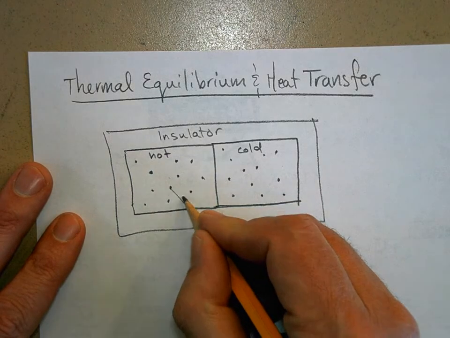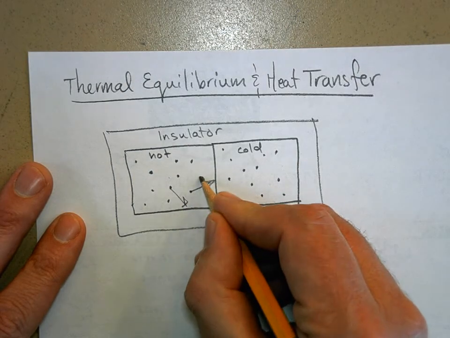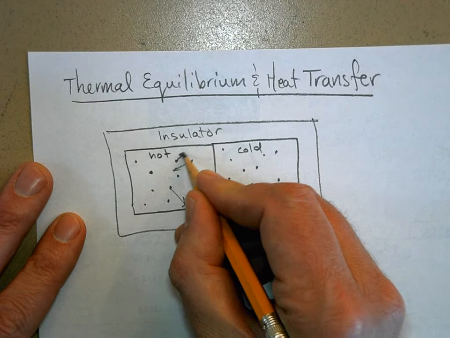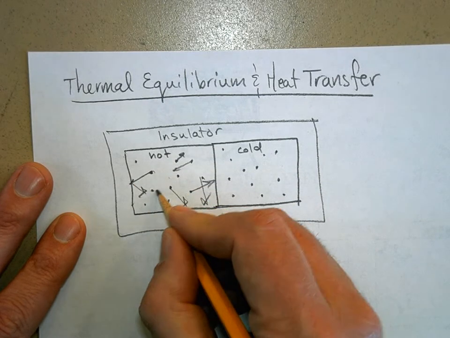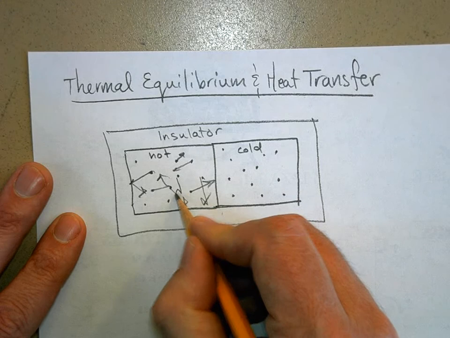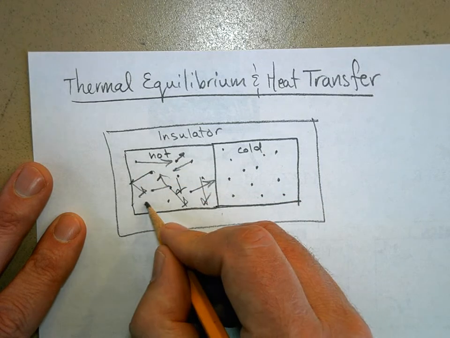So this one's moving really fast, and this one's moving this way. It's all in random directions, and some might be moving faster than others. They bounce off the walls and ricochet off each other. These are really moving. These are hot.